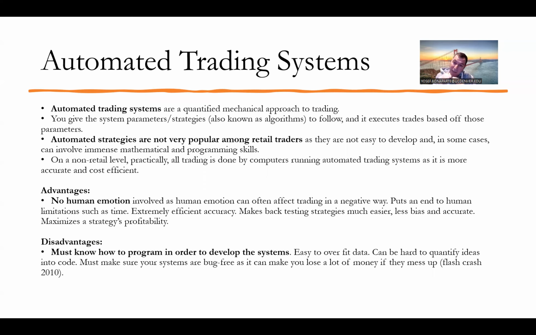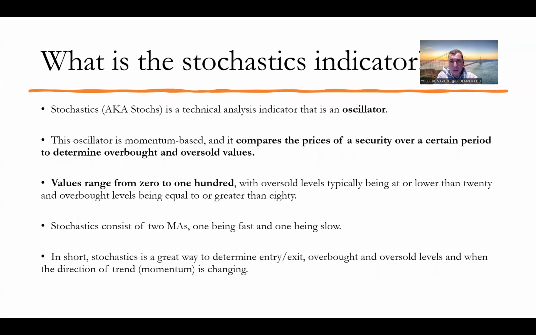That's the reason I said in the beginning, in the first few hours of the market, the retail investors are buying and selling, so you work with them, you trade with them. In the afternoon, when the institutions come into the market, it becomes more automated. The disadvantage is that you must know how to program in order to develop the system. And that's usually institutional companies doing that, institutional investors.